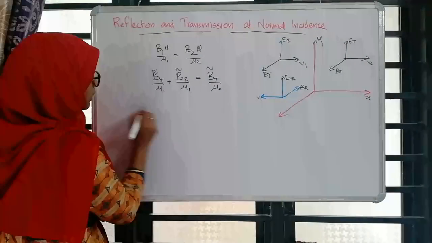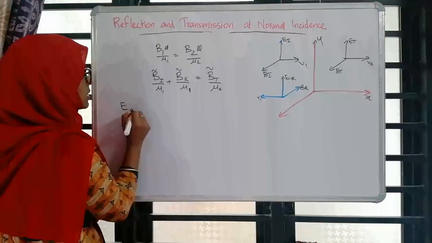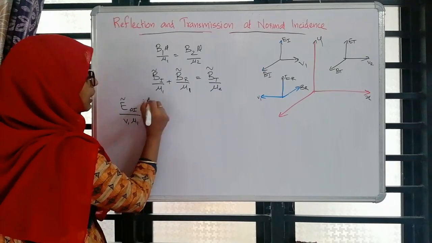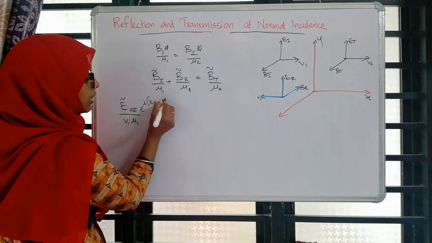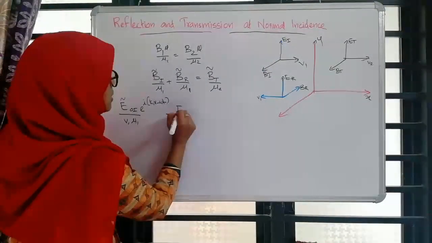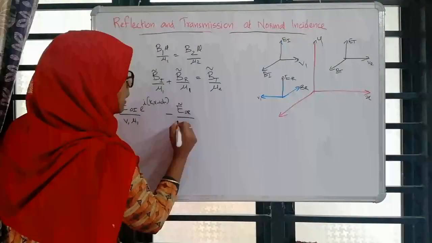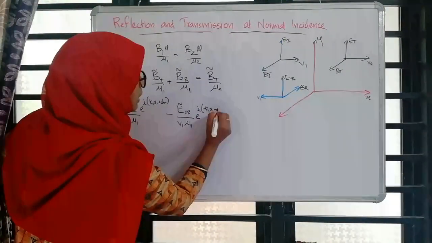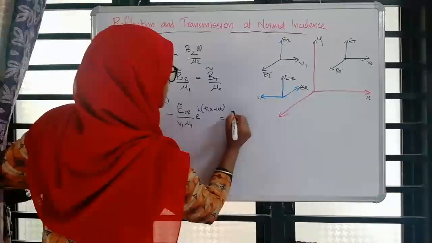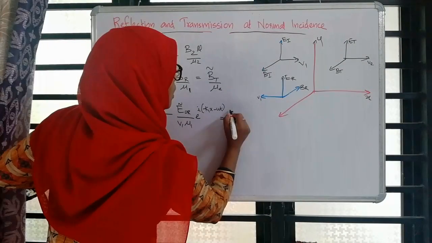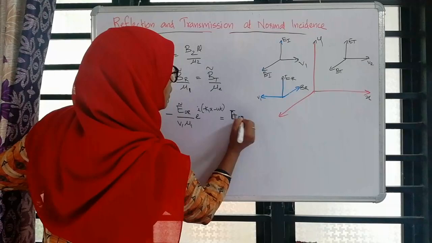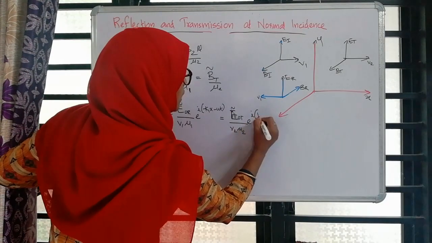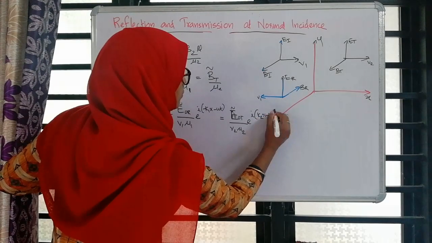So, from the first set of equations, I am going to write it as E_0I by V1 mu1 e raised to i(K1 x minus omega t) minus E_0R by V1 mu1 e raised to i(minus K1 x minus omega t) is equal to E_0t by V2 mu2 e raised to i(K2 x minus omega t).